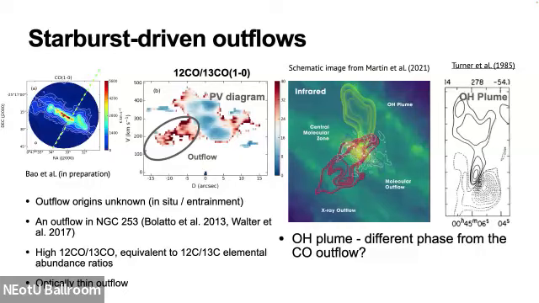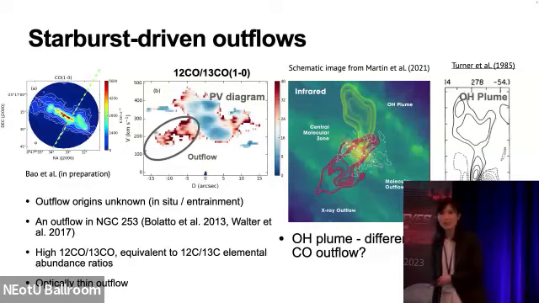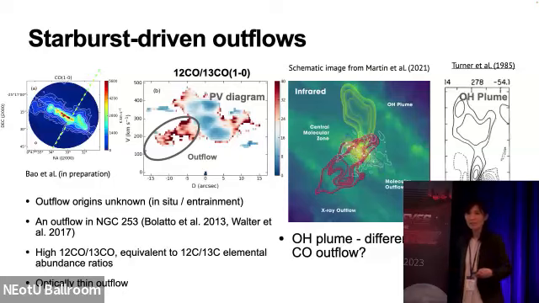So that implies the optically thin nature of this outflow, and it relates to the mass estimate. That should be important, and that can be applied to other galaxies as well.